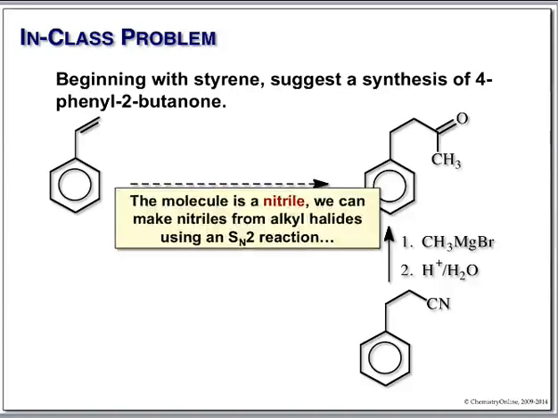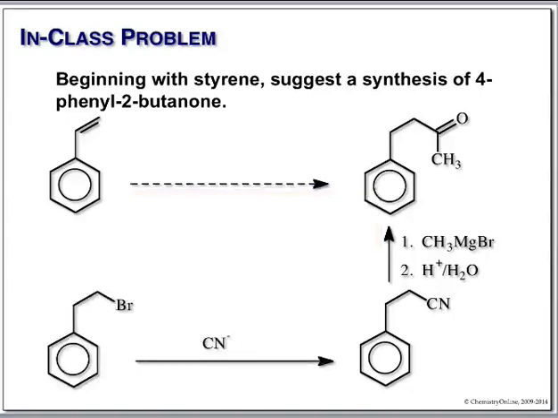We're going to do this as an SN2 reaction. So what we want is a halogen here. CN minus is our nucleophile. And that ought to do it.